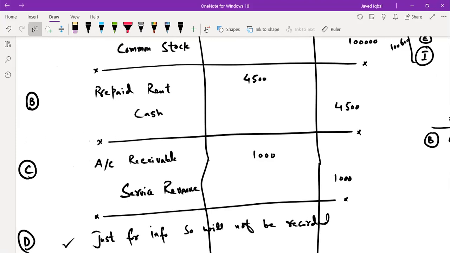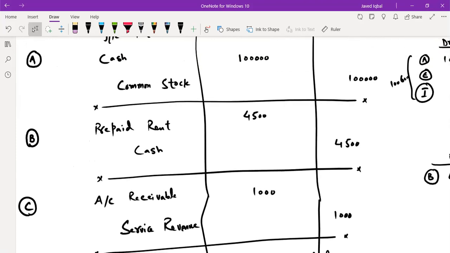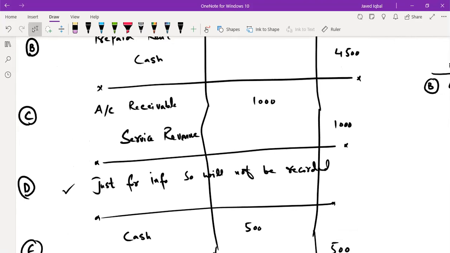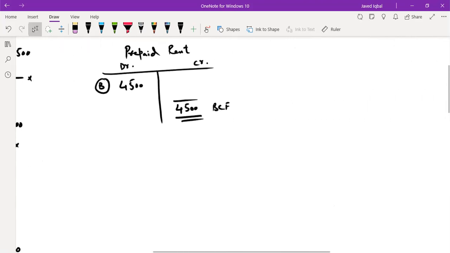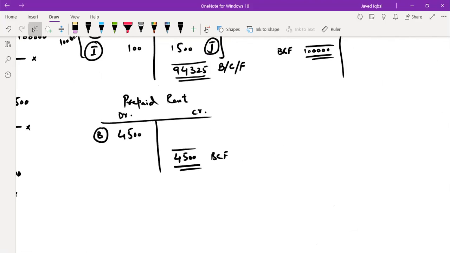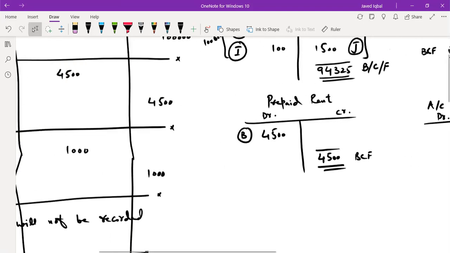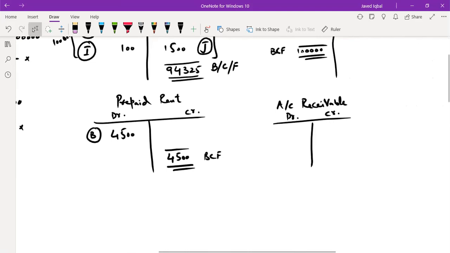The next account is cash, which we have already created. The next is accounts receivable. So accounts receivable will be the title, and we create a debit entry. Accounts receivable was created as a 1000 debit entry, and this transaction was C, I believe.